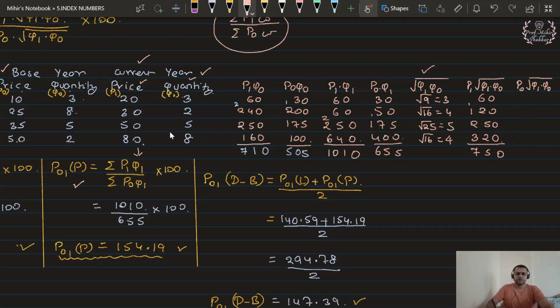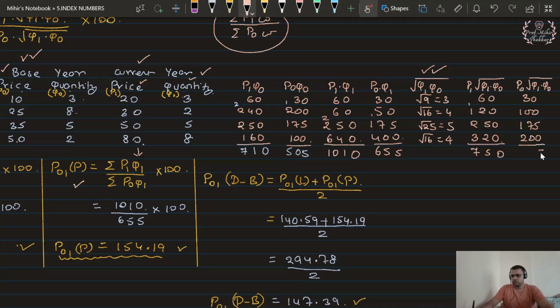Let us also see for the denominator. It is P0 into root of Q1 Q0. 10 multiplied by 3, 30. 25 multiplied by 4, 100. 35 multiplied by 5, 175. 50 multiplied by 4, that comes out to be 200.